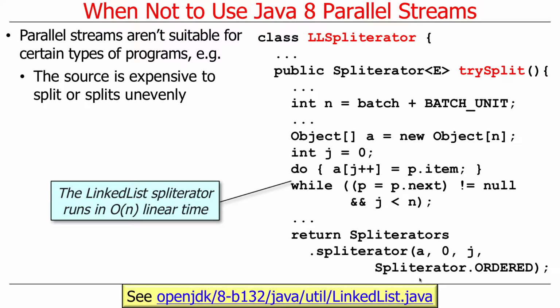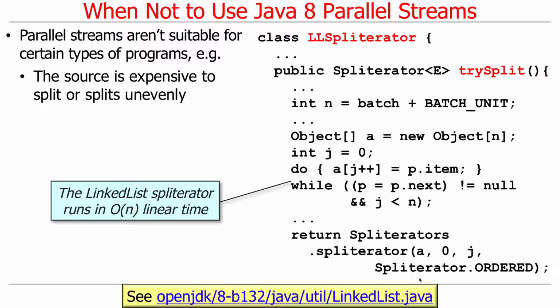In contrast, here is the linked list version. It doesn't even try to split things in half. It goes through a chunk at a time, a batch at a time, and creates an array, and copies a chunk of the elements into the array. But the array is not necessarily half the size of the input.